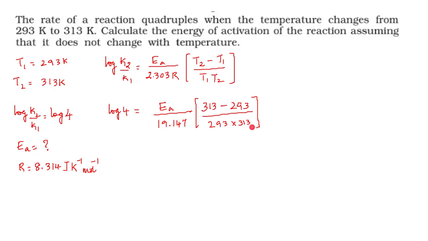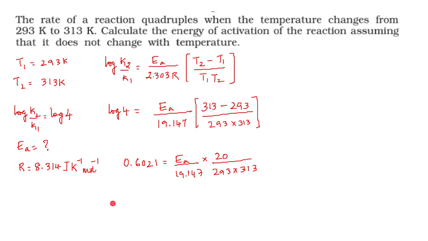Log of 4: the characteristic will be 0 because it is a single digit, and in the log table you check 40 under 0, which is 6021. So 0.6021 equals Ea by 19.147 into 313 minus 293, that is 20, divided by 293 into 313.